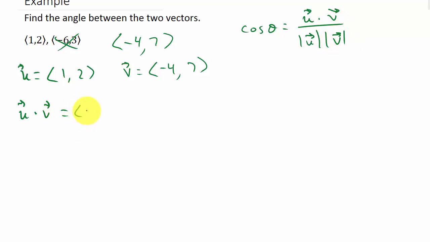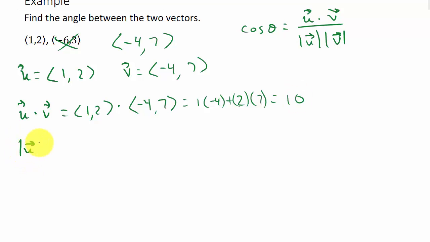So the dot product is 1 times negative 4, plus 2 times 7. That's negative 4 plus 14, which is 10. So that's the dot product.